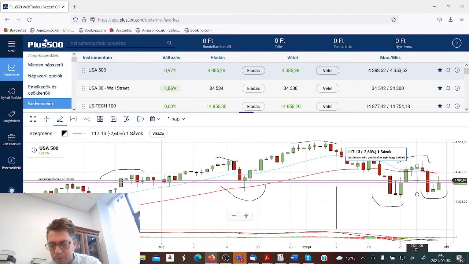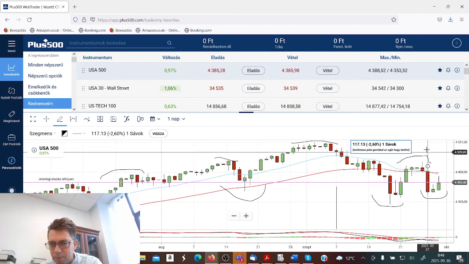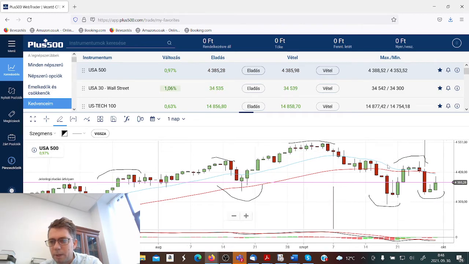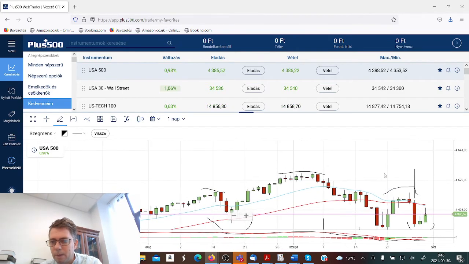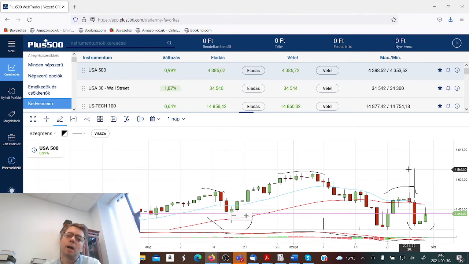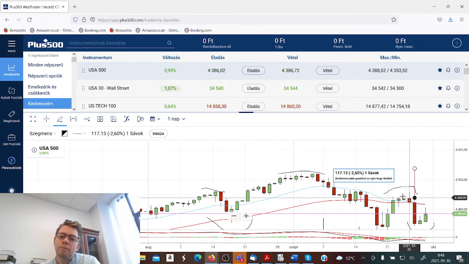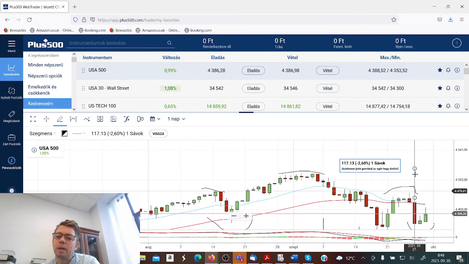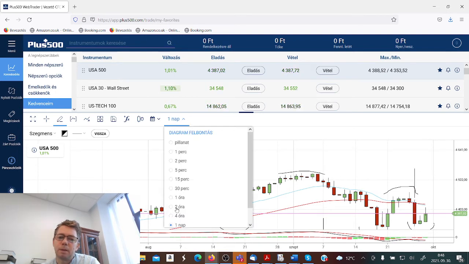Here we go. Okay, and let's put it right there and see what price target we have here. 4,565. So if we break above this level, make a new higher high, then I think our price target of 4,560 is valid.